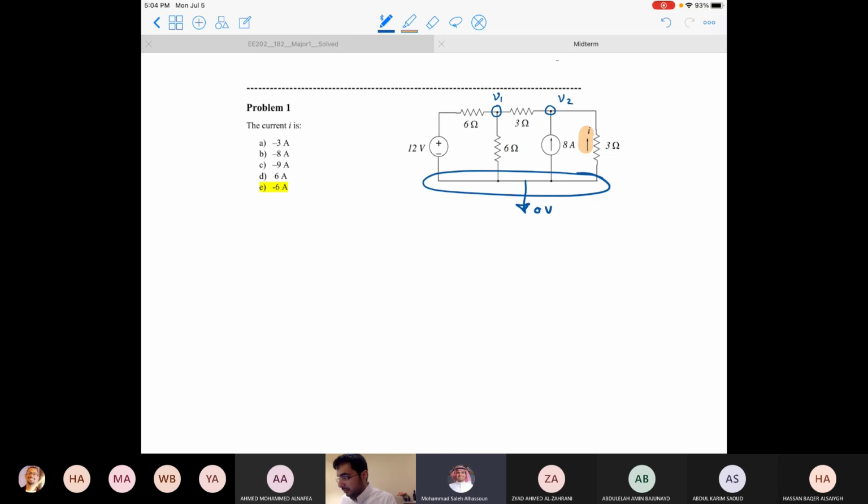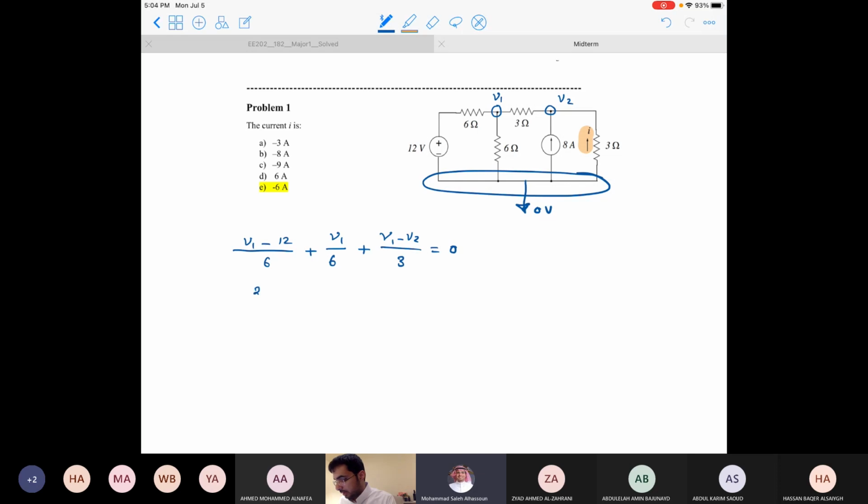Starting with V1: (V1 minus 12) divided by 6, plus, again applying KCL, V1 divided by 6, plus (V1 minus V2) divided by 3 equals 0.